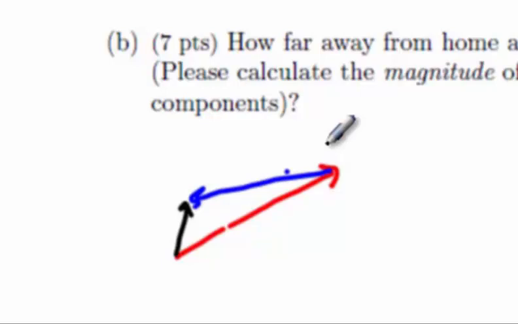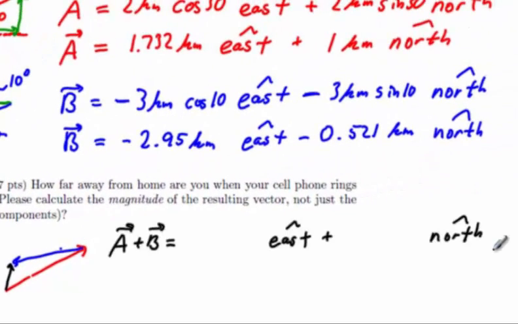Looking at this diagram, we recognize that the black vector must be equal to the sum of vectors A plus B. Therefore, we need to find the magnitude of the sum of A plus B. A plus B will have an east component, and it will also have a north component. Please note that the diagram I have drawn is not necessarily to scale. However, the mathematics will still give us the correct result.